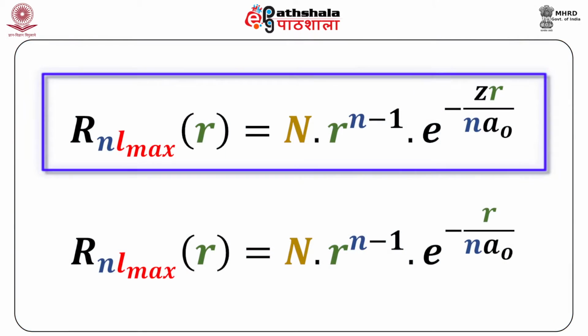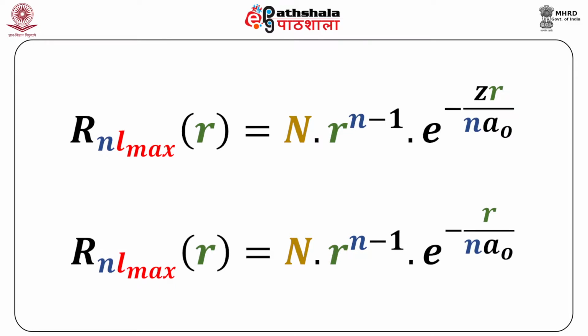Ultimately we got the radial function R_nl(r), which is equal to N multiplied by r raised to the power n minus 1 e to the power minus Zr/na₀. Here L can have values from 0 up to n minus 1.